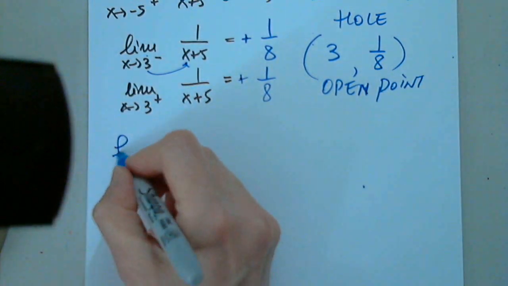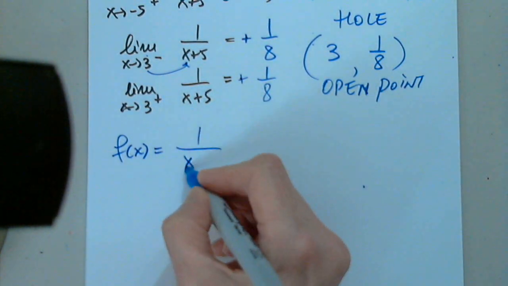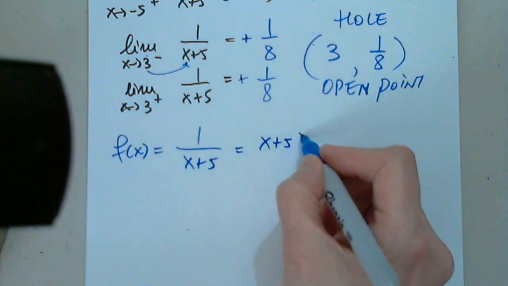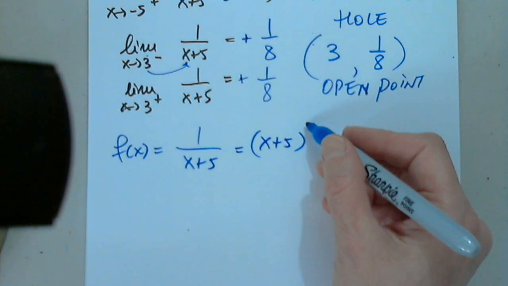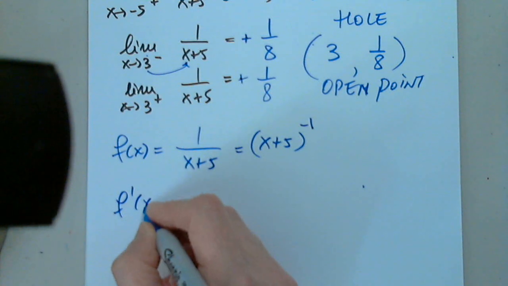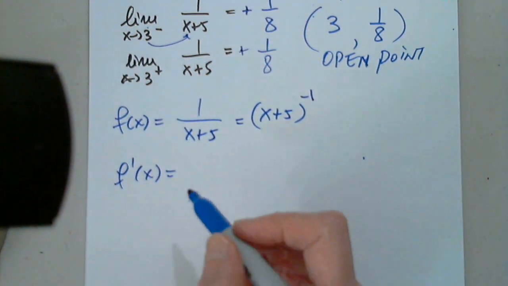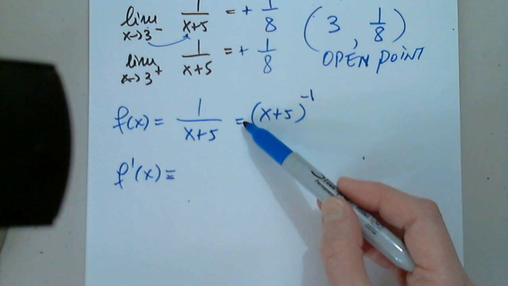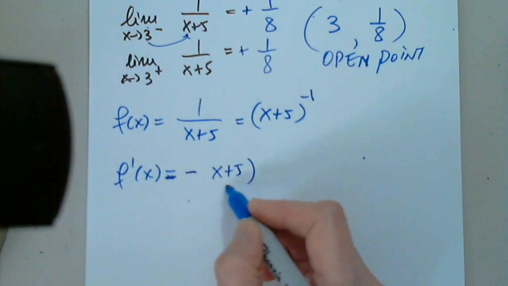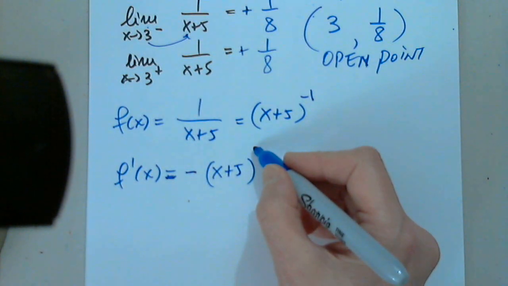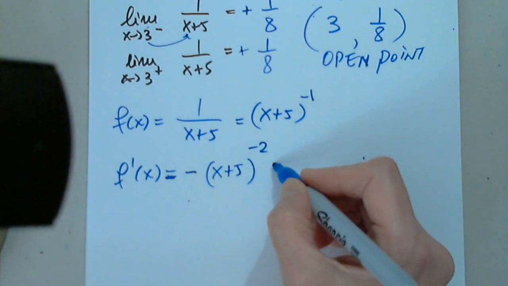Okay, so first derivative. I'm going to use 1 over x plus 5 as x plus 5 to which power? -1. Perfect, awesome. Can anyone give us the first derivative? Negative x plus 5 to the -2, times the inner function prime, which is? 1. Excellent.